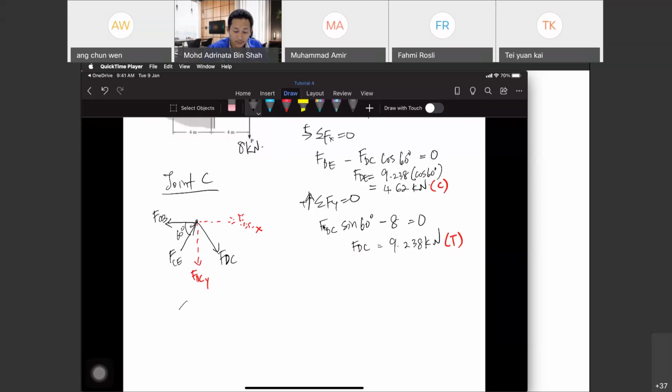Okay, so Fx equals to 0. We have FDC X, FDC cosine minus FCB.